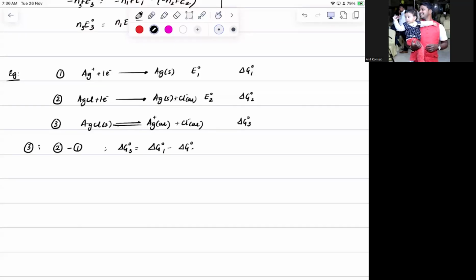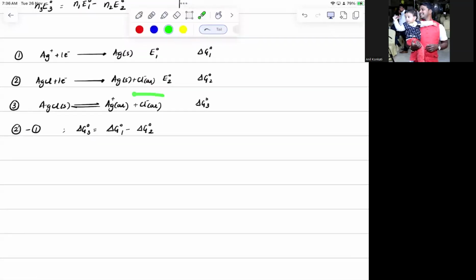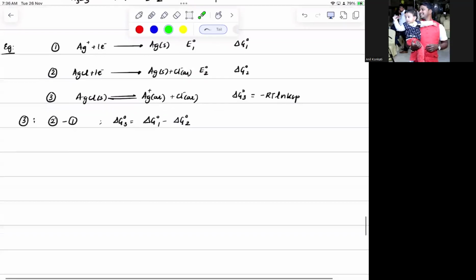Now, since this is an equilibrium reaction, because of the sparingly soluble salt, I could write this as minus RT ln KSP.